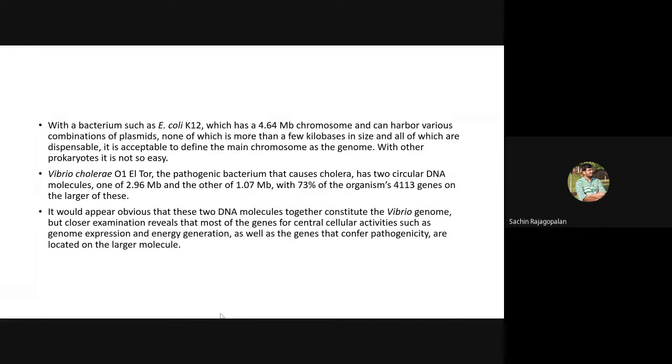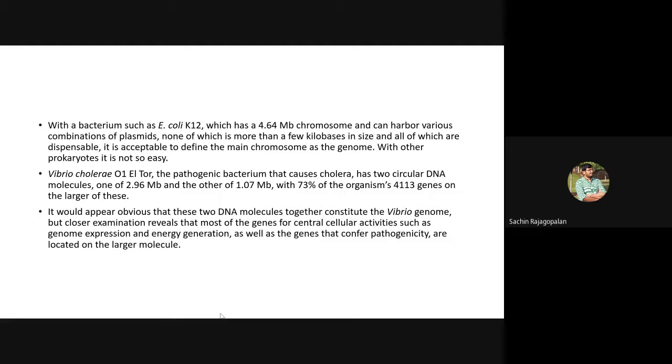Okay, now you have to understand that this doesn't mean that one DNA molecule will be enough for it. Whenever this bacteria divides, it will have to pass on copies of both DNA molecules to the offspring. One molecule will not be enough, even if it has 73% of the genes, because a few very significant genes may be present in the second DNA molecule.